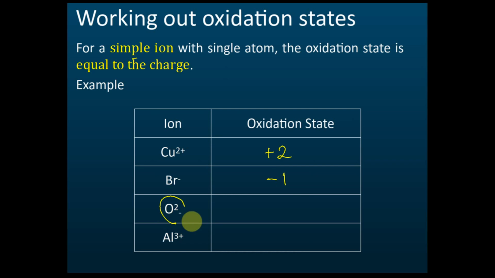Oxide, -2, that's correct. Aluminium, +3, because the charge is 3 positive. That's very easy, right? If you know the charge for a simple ion, then that is the oxidation state.